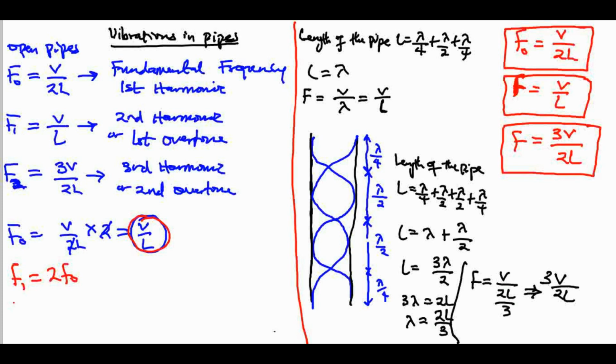And of course, if you also look at F2, the V over 2L that we see here is actually equal to F naught. Therefore, F2 is also equal to 3F naught. And if we continue in that order, we will have that F3 is equal to 4F naught, and F4 is going to be equal to 5F naught, and so on and so forth.